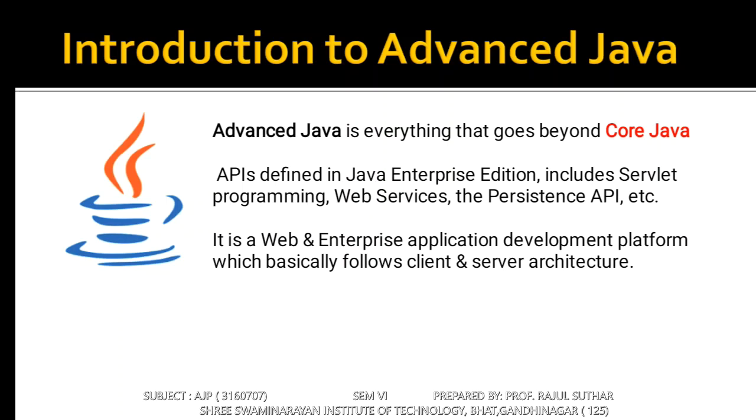The API is defined in Java Enterprise Edition, which includes servlet programming, web services, the persistence API, etc. It is a web and enterprise application platform that combines web and enterprise application development, which basically follows the client and server architecture. If we need client and server type architecture, we require advanced Java.